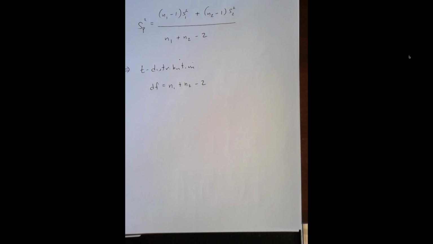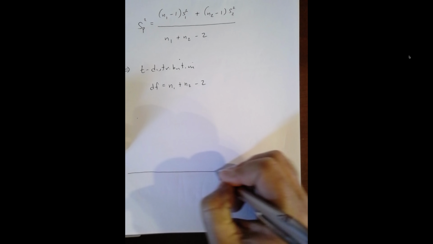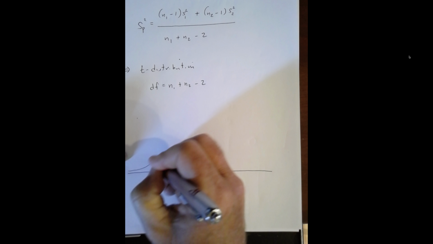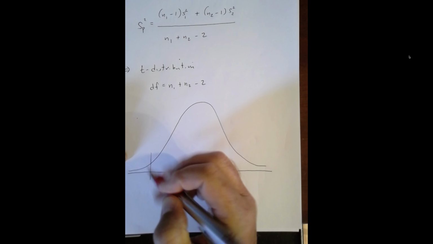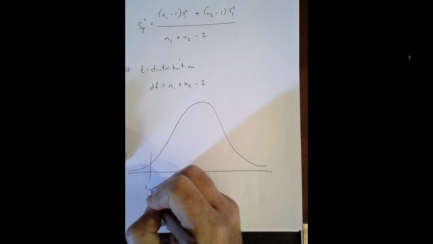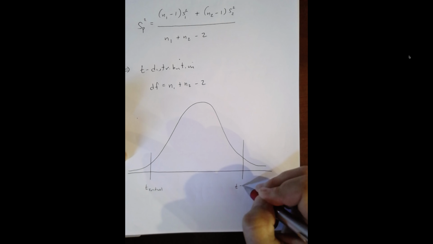All right, guys, I think we've got the foundation set. You know, we'll follow the T distribution, and if we're doing a 2 sample test, we'll have a negative T critical and a positive T critical.